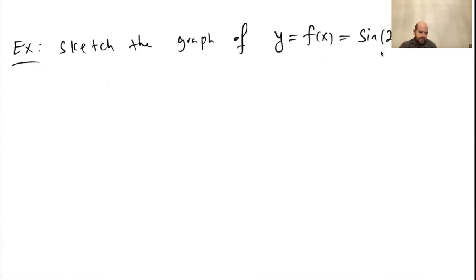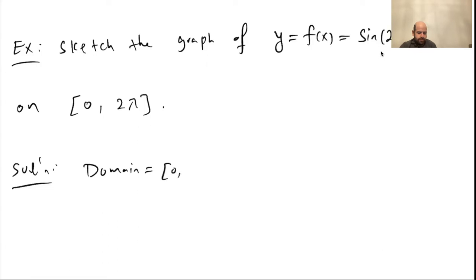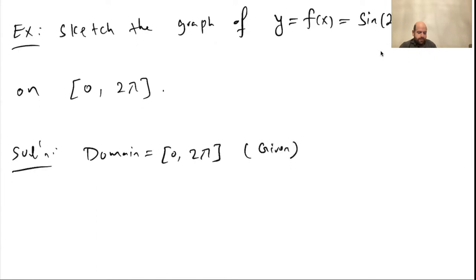So how can we sketch the graph of sine 2x? Let's say sketch a graph of this on, let's specify the domain. This is 0 to 2 pi. So the domain here is already given. And if I want to find x and y intercepts, if I set x equals 0, then y will be equal to 0, which means the graph passes through the origin.